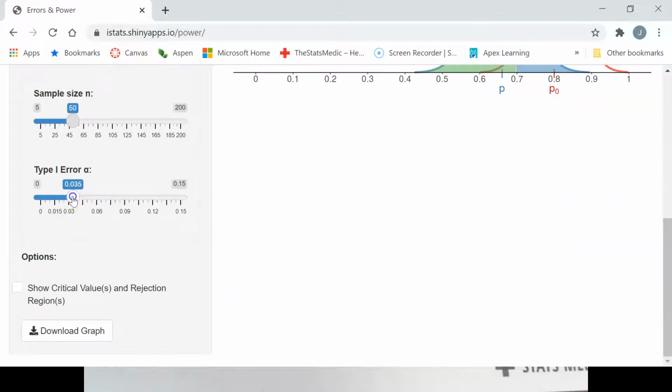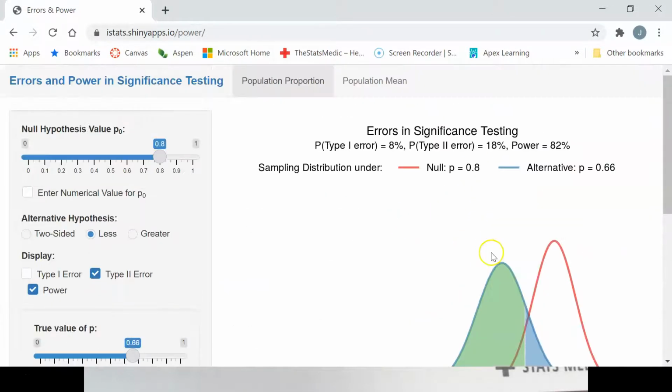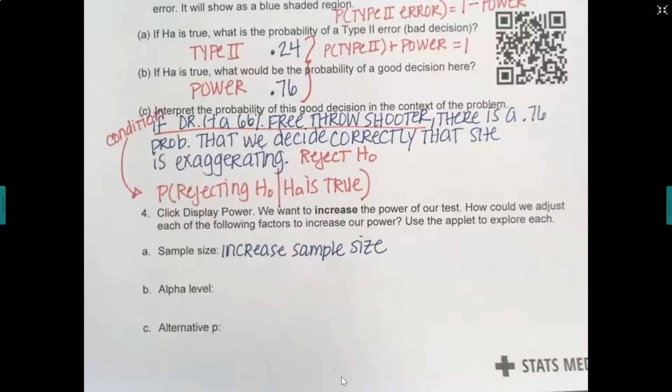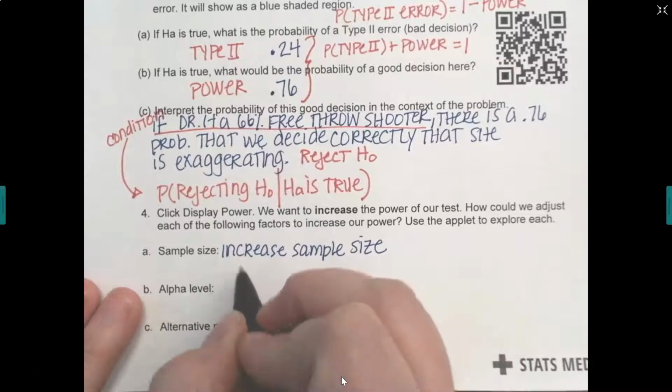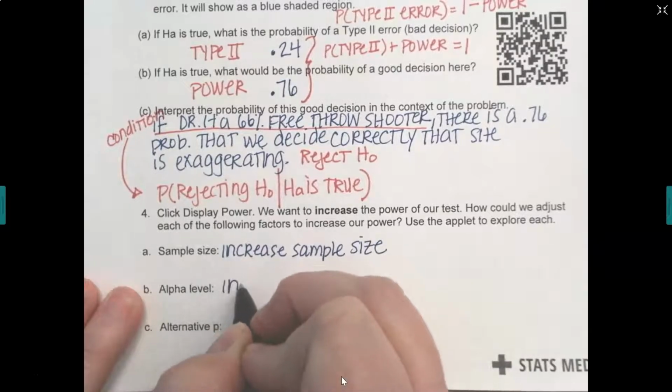If I make alpha more than 0.05, the green, it's a little hard to see. It's easier to look at the number. The power is now 82%. So if we want to increase the power of our test, or our ability to see the smaller differences, we need to increase our alpha.